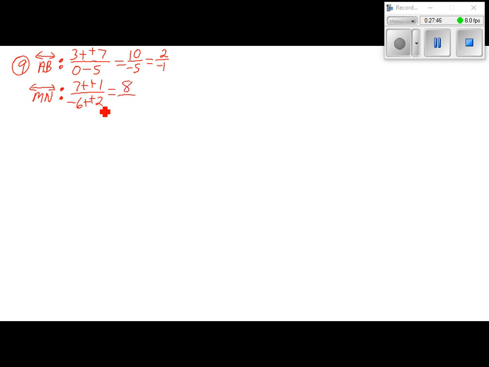Negative 6 plus 2 is negative 4. I reduce that down. 2 will go into 8 4 times. 4 will go into 8 2 times. I want the biggest number. 4 will go into 4 1 time, negative 1. I look at these two, and that tells me that these lines are parallel because they have the same slope. So that's my answer.